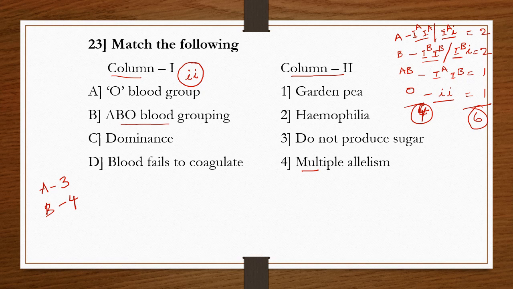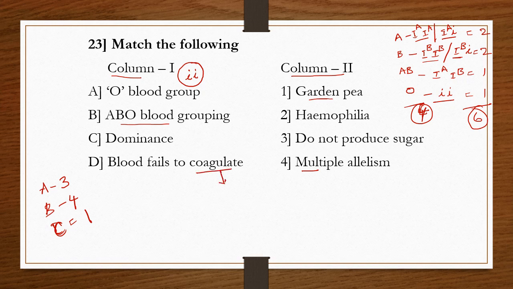Dominance. Mendel explained the law of dominance based on the contrasting characters from the garden pea. So that's why C is 1. Now, blood fails to coagulate.